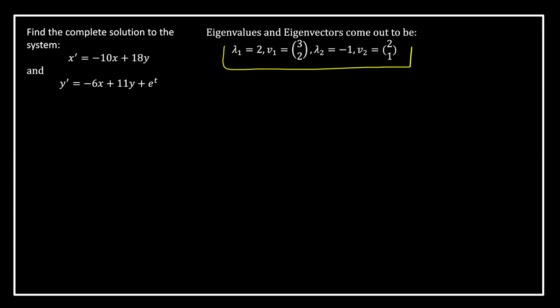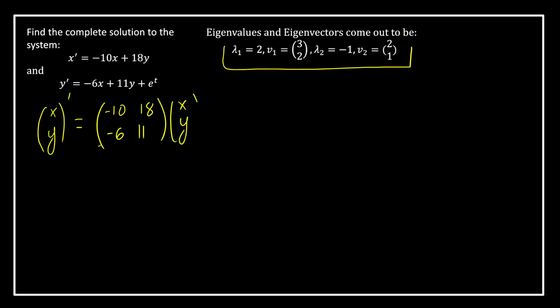If we set this up as a companion matrix, we get x and y prime equal to negative 10, 18, negative 6, 11 times x and y. But we also have this plus e to the t, so we're going to want to add that as our forcing function vector.